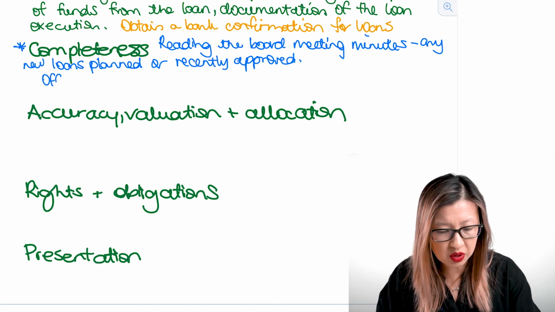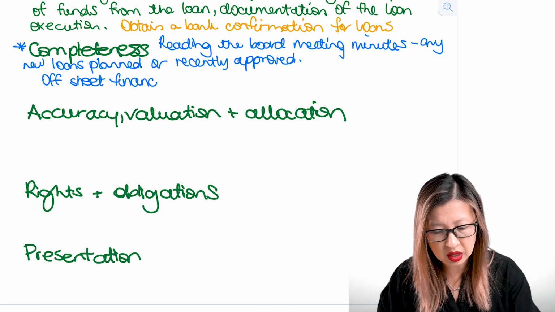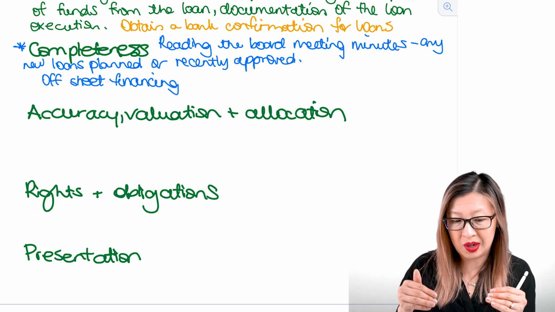The other option here is they might try some sort of off-balance sheet financing. So when they say off-sheet financing, they mean off-balance sheet financing that might still technically be a loan.